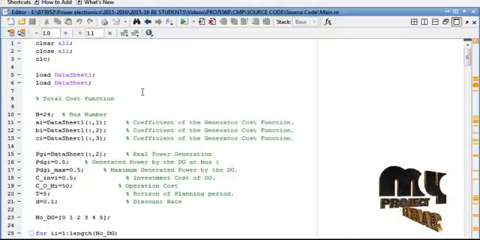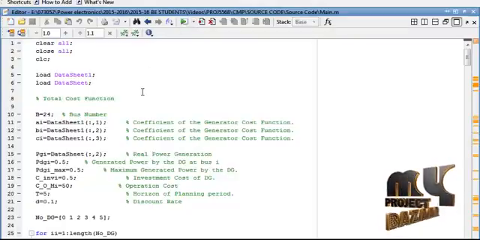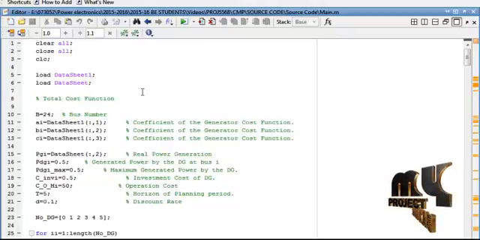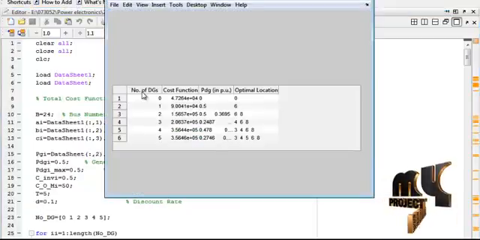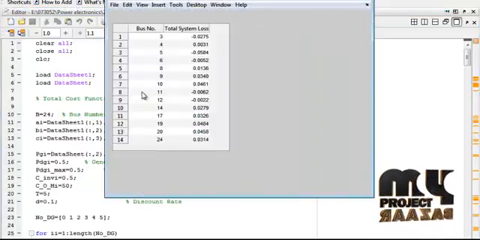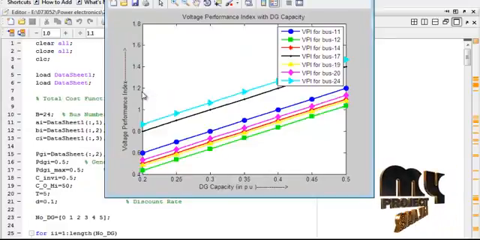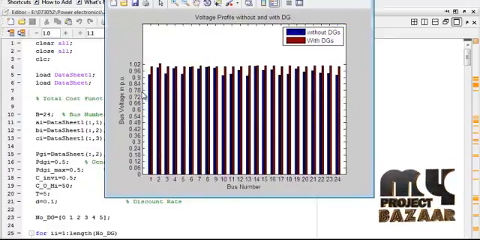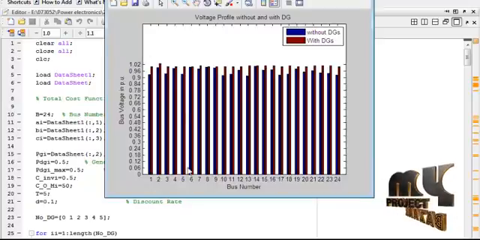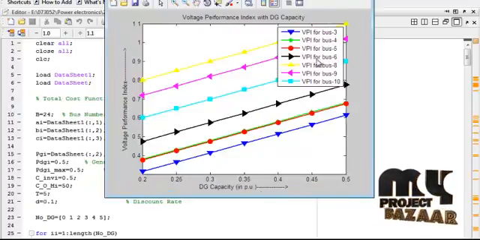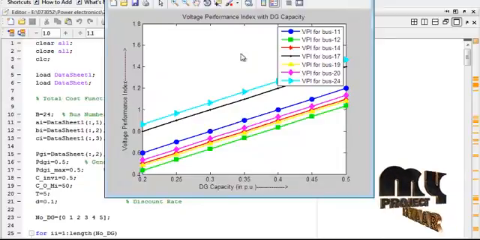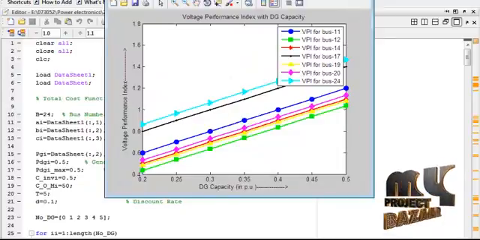So how does the 25 bus system distribute, and the other DG is distributed on the other transmission line, and which bus is the optimal location with the best total system loss. So we can graphically analyze which bus is best. And then we can see the voltage performance index with DG capacities.